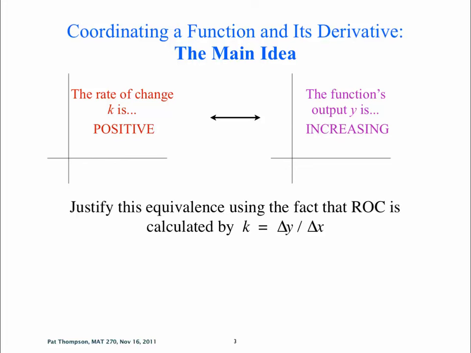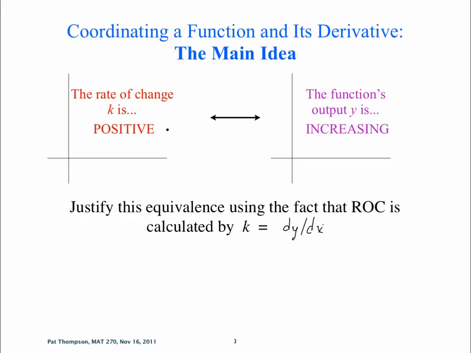We're going to justify that using the fact that rate of change is calculated by k equals delta y over delta x, or dy dx, we should say. We'll start with the fact that the function's output y is increasing, and use k equals dy dx to reason through why that rate of change would have to be positive.